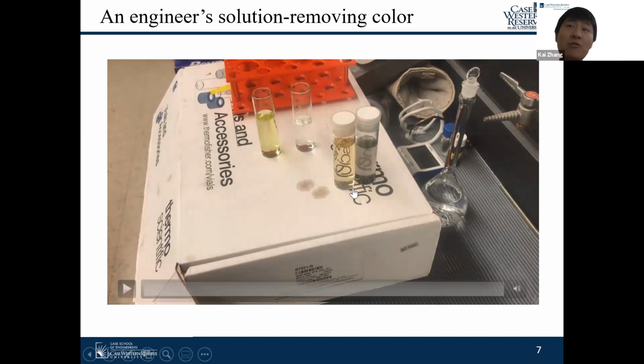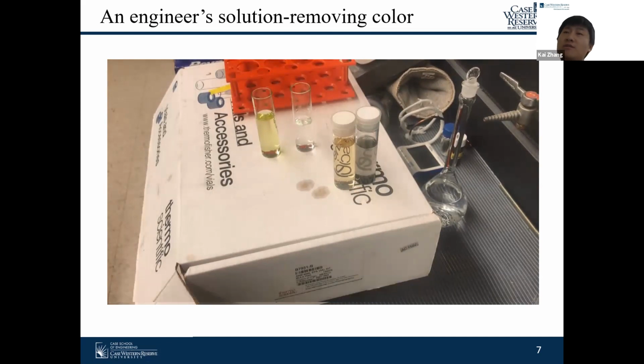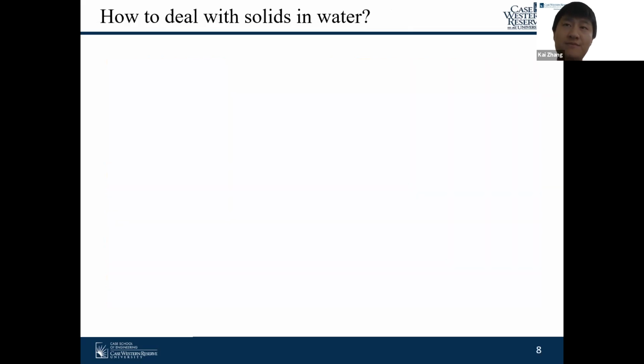Okay, so now we have two solutions to remove the color in the water. But in that slide, we noticed that there is not only color, but also some solids or dirt in this heavily polluted water. So how do we deal with the solids in the polluted water?